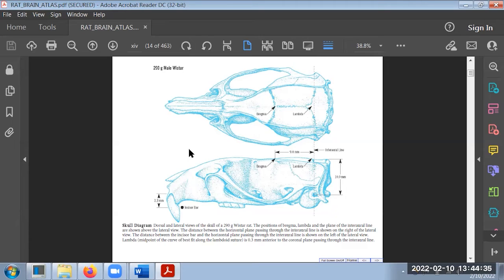When we are trying to do rat brain surgery, or human brain surgery for that matter, we need to know where we're putting stuff into the brain. We can't just decide we're going to aim for this general spot and know we're going to hit the right region. We have to have something that tells us that information.